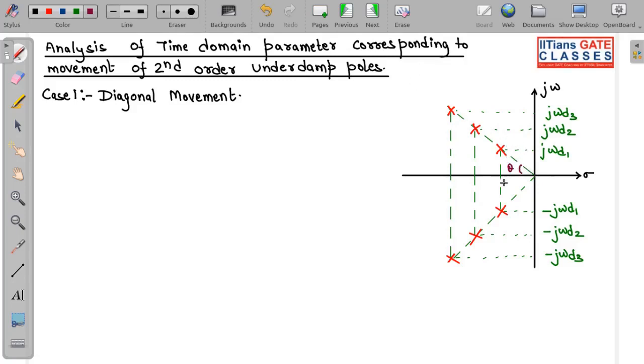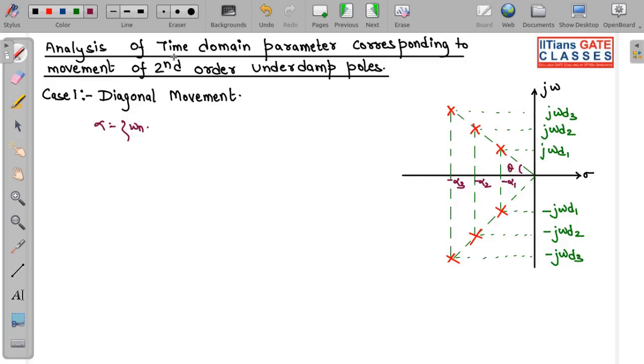Let us assume this is alpha 1, this is alpha 2, this is alpha 3. Alpha stands for zeta omega n. In this case, as theta is same, zeta will remain the same.